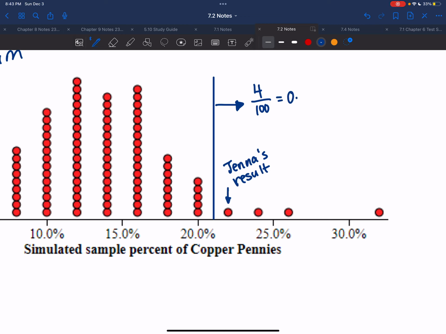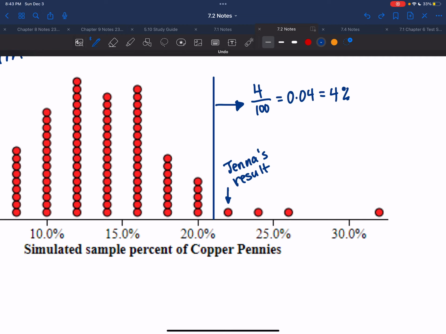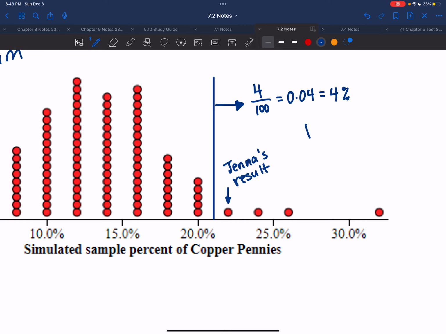So that means I've got a 4% chance of getting what Jenna saw in real life. All right. And by the way, this 4% that we're getting also has a name. This is what's known as our p-value or probability value. This value shows us the odds of getting what we saw in real life.